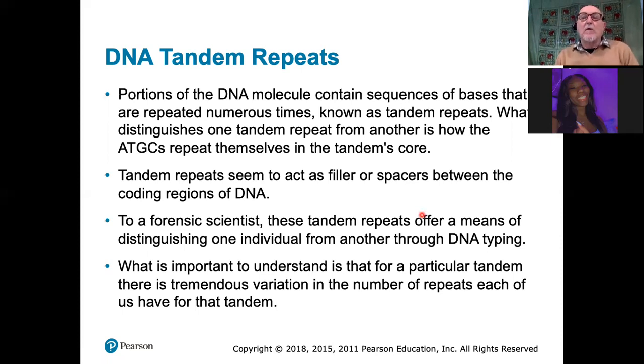So we also learned that any changes in that sequence can be inherited by children, by progeny of whoever had that DNA. And we also learned that DNA replicates, it doubles itself very easily when a cell divides.